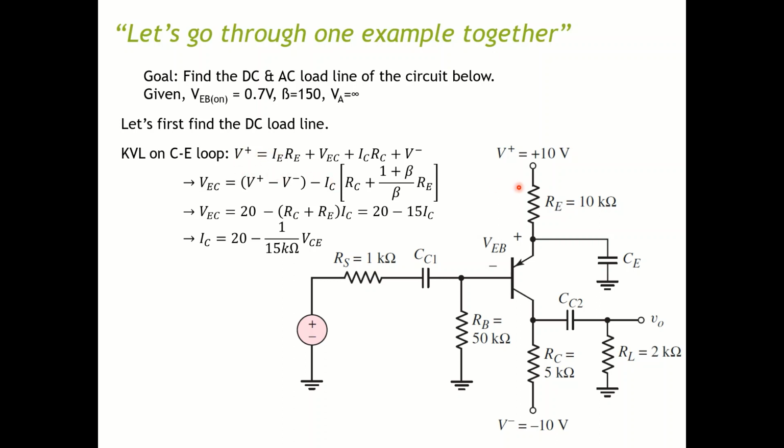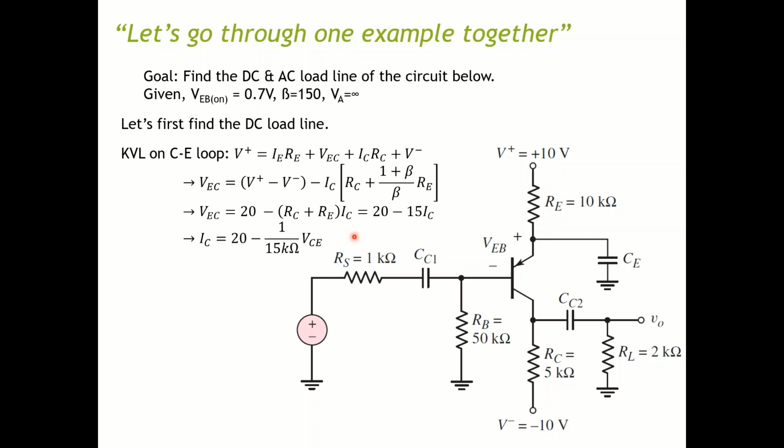So we have V plus equal to the voltage across this resistor plus VEC plus the voltage across this resistor plus V minus.